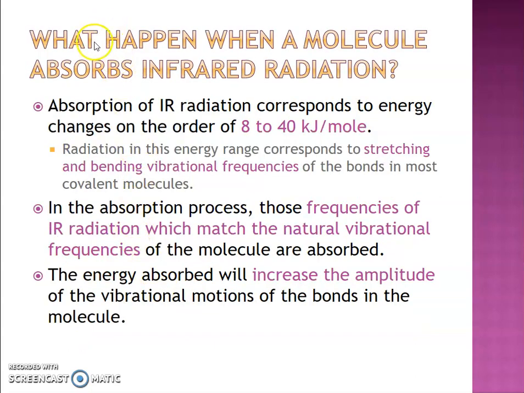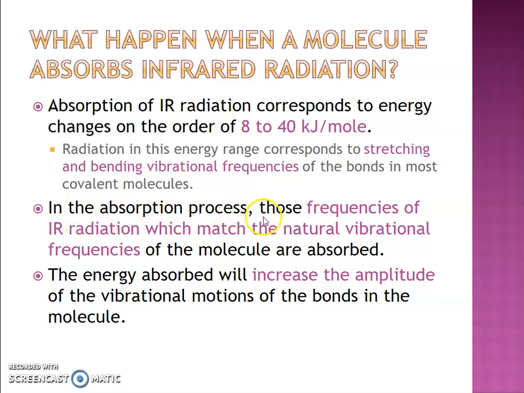So, what happens when a molecule absorbs infrared radiation? Absorption of IR radiation corresponds to an energy change on the order of 8 to 40 kilojoules per mole. Radiation in this energy range corresponds to the stretching and bending vibration frequencies of the bonds in most covalent molecules.